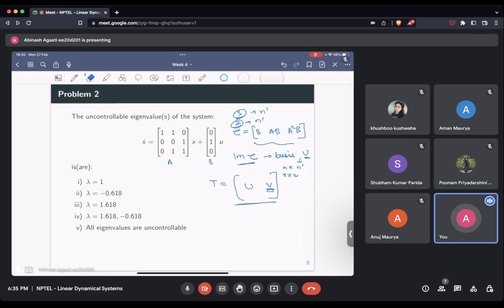Is it clear what I just said? Okay, maybe we'll just see with the example, which will help us. So here let us find out C first. Please find it out and tell me.